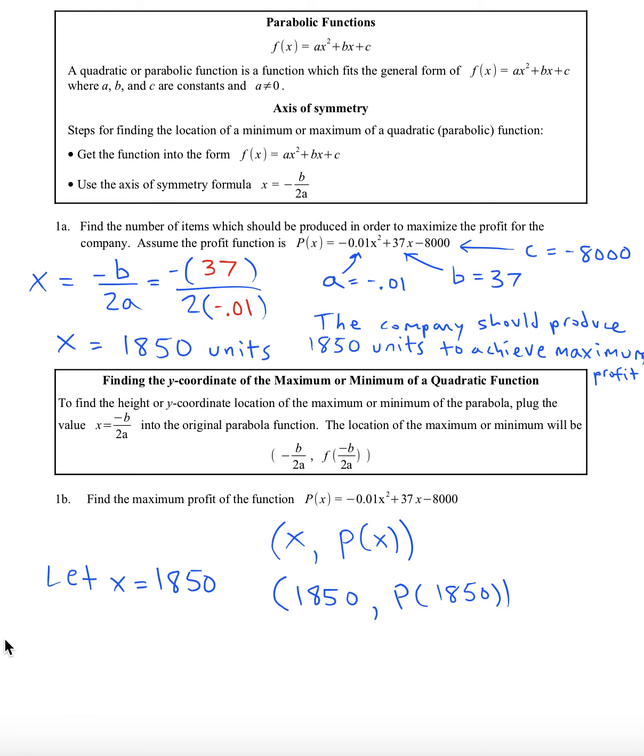Okay, so p of 1850 will be negative 0.01 times 1850 squared plus 37 times 1850 minus 8,000. Let's see what that max profit is, and then we can see if our answer makes sense according to the graph.